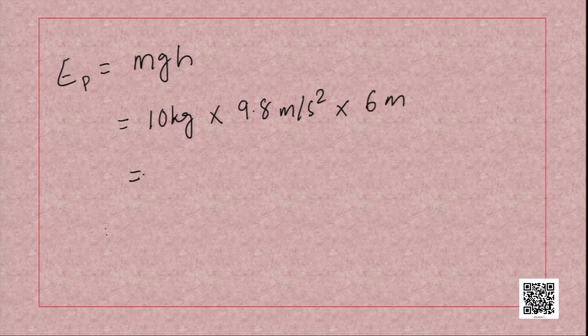And if you solve it, we will get a value of 588 joule. That means an amount of 588 joule potential energy is possessed by that object when it is raised to a height of 6 meter. I hope you understood this part.